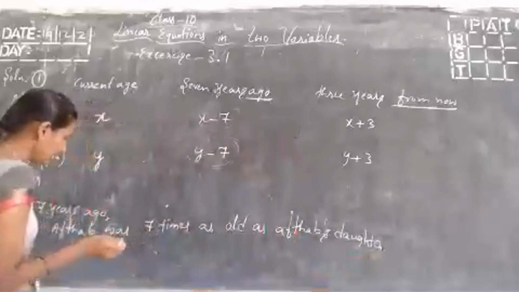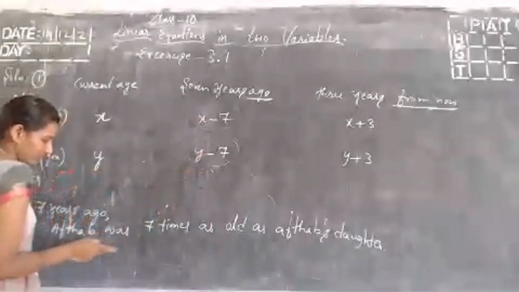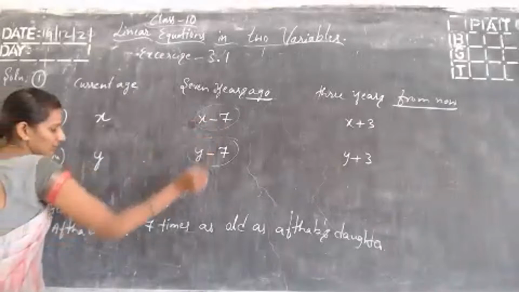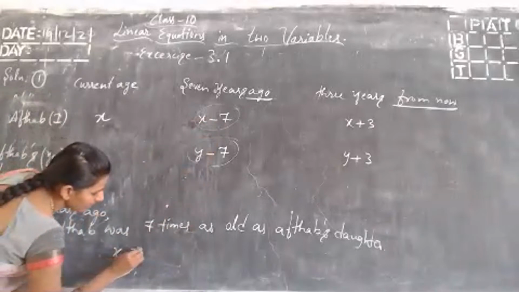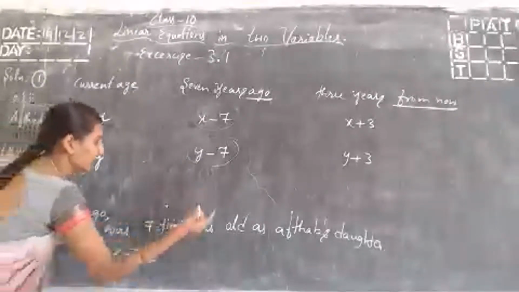What is Aftab's age 7 years ago? x minus 7. Aftab was 7 times.